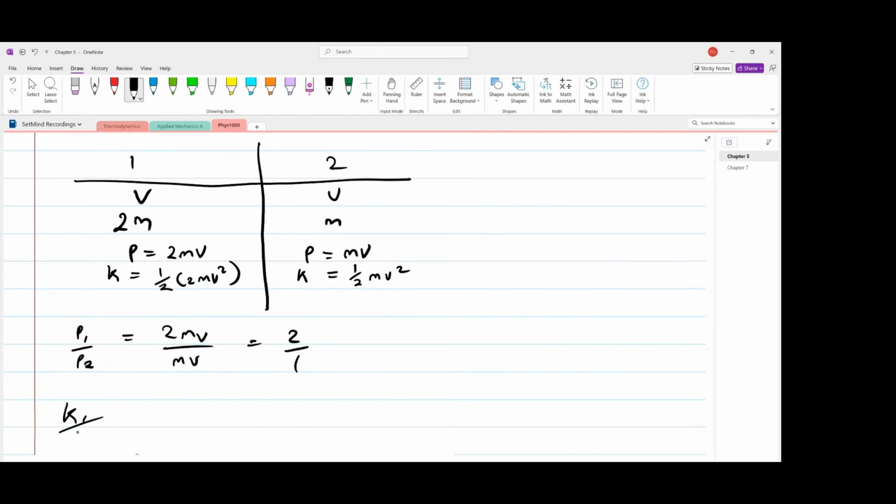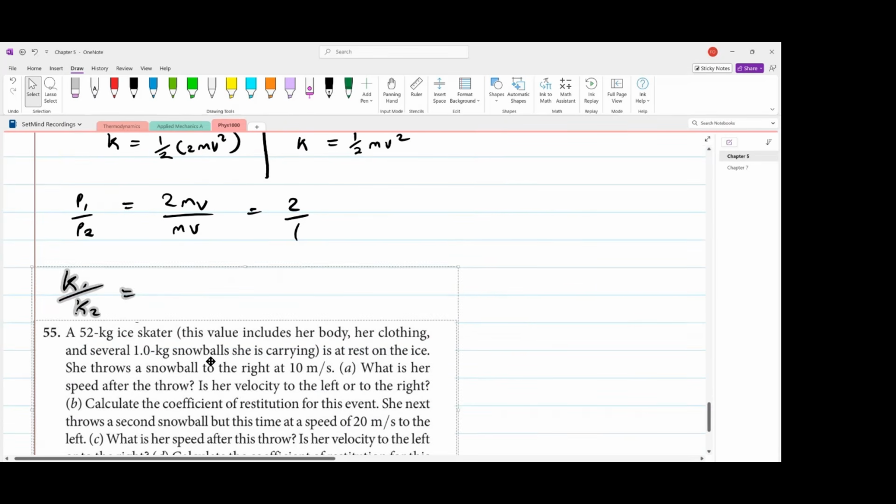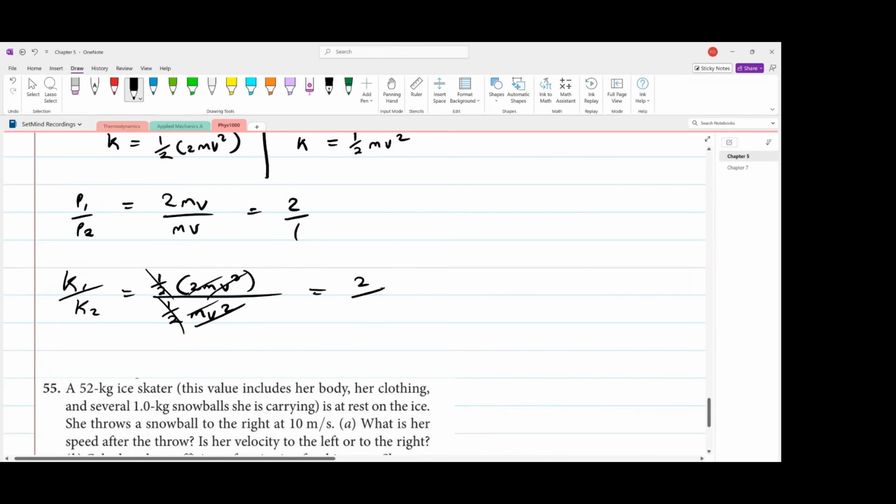K1 over K2 is 1/2 times 2mv squared divided by 1/2 mv squared. V squared cancels V squared, m cancels m, 1/2 cancels 1/2. And just like before, it left 2/1.